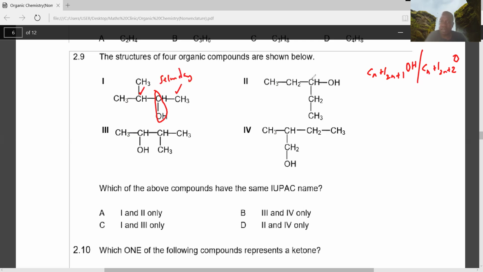The carbon attached to OH is bonded to 2, that and that. It's also a secondary. Let's come to this one. It's also a secondary because it's bonded to 2. Let's look at this one. The carbon attached to OH is bonded to only 1. So this is a primary alcohol.